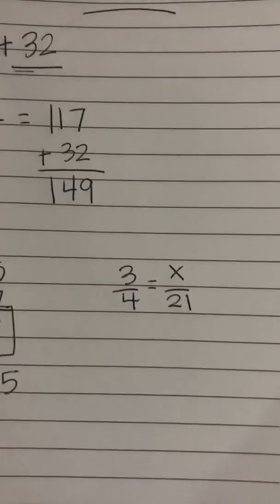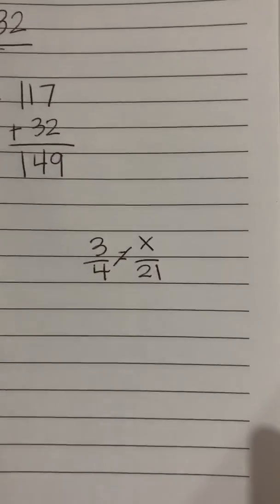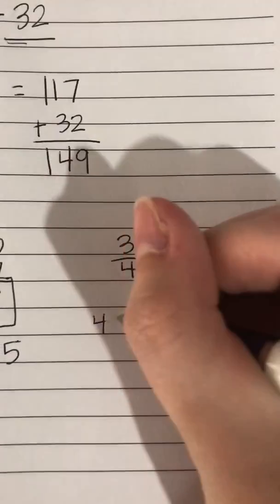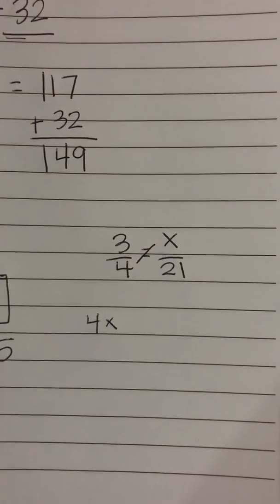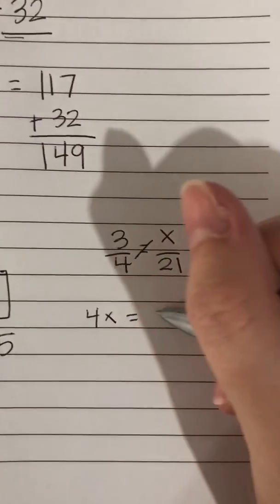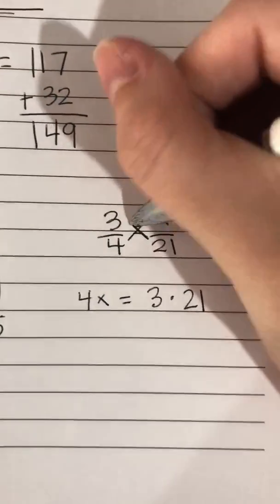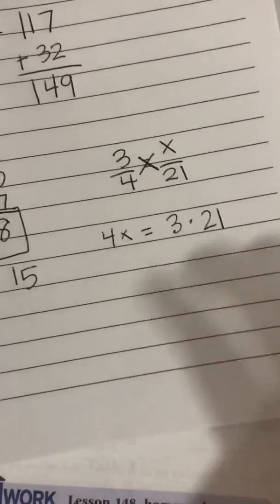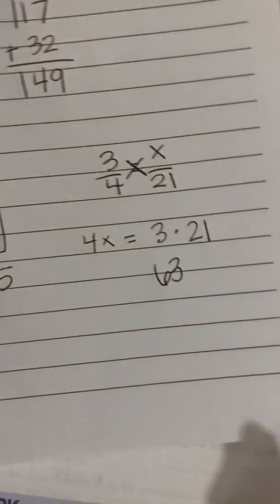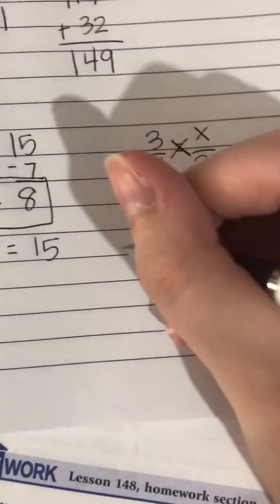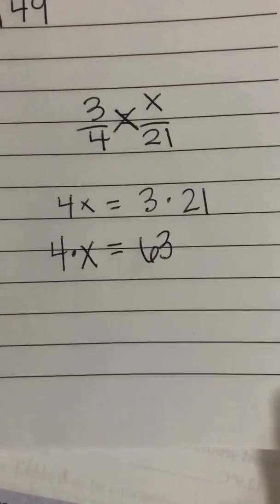Now, we cross multiply on these, so 4 times x, 4x, if they're side by side, that means multiply, equals 3 times 21, okay, because we cross multiplied here too. 21 times 3 is 63, so I have 4 times something equals 63.